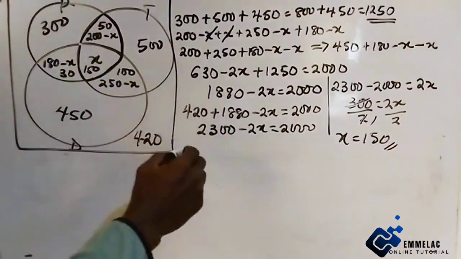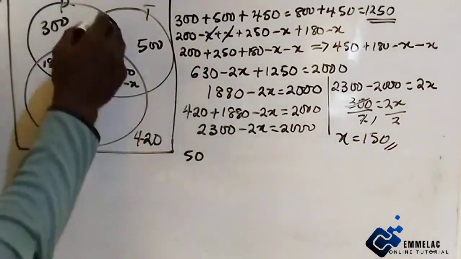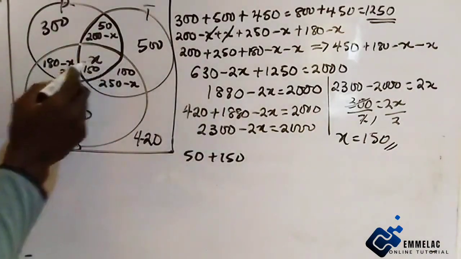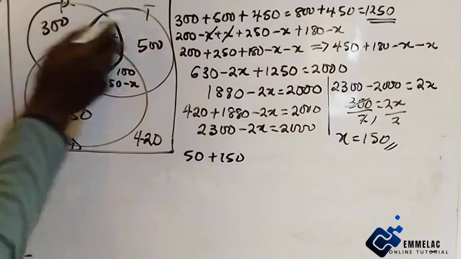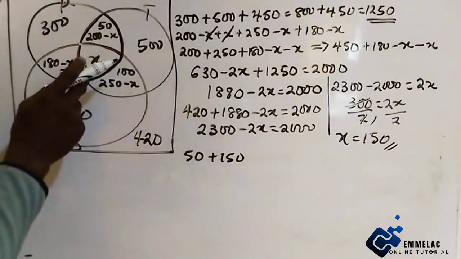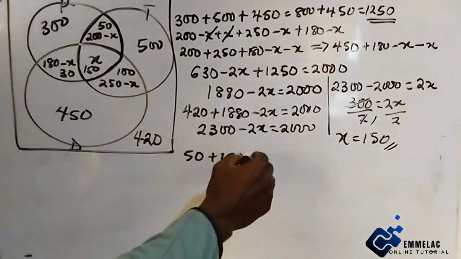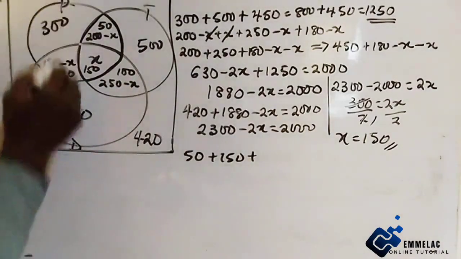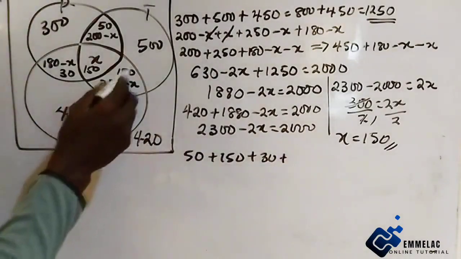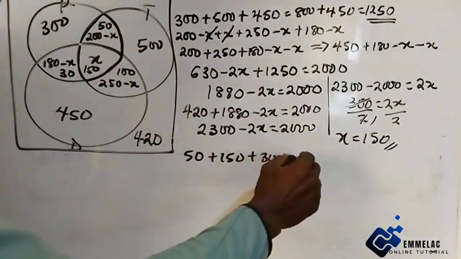So we have 50 who love Peugeot and Toyota, plus 150 that love the three of them, plus 30 that love Peugeot and Datsun, plus 100 that love Toyota and Datsun.